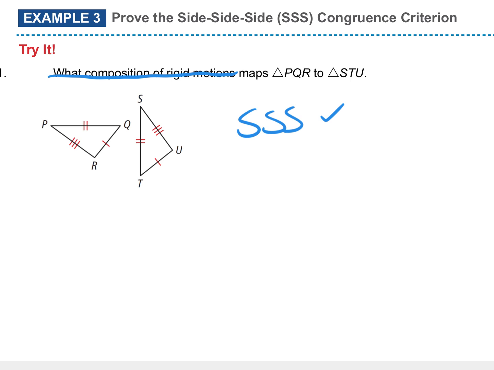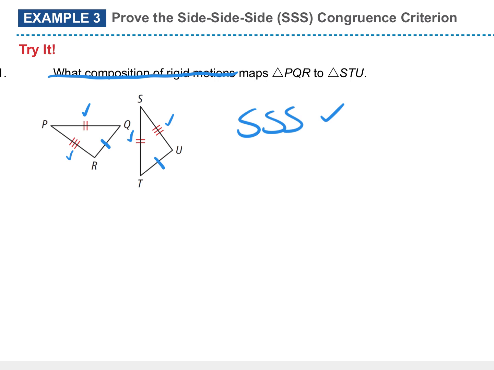They all have a corresponding congruent side. This side has a corresponding congruent side on the other triangle, as do the second and the third. So this satisfies side, side, side. So what do I know about all the angles then? All the angles are going to have a corresponding angle on the other triangle. Good.